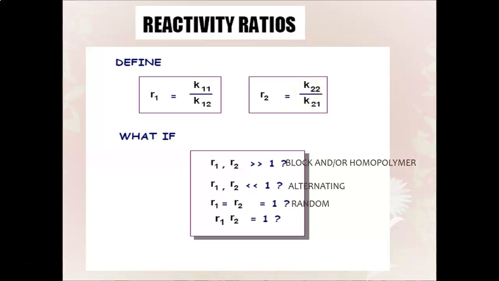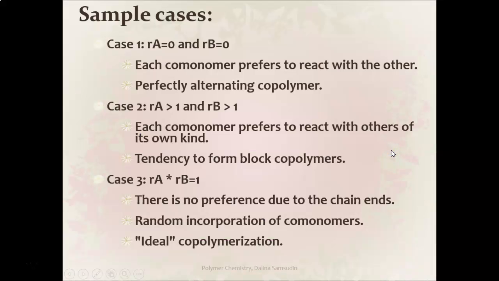And the reactivity ratio can be classified into ideal copolymer, block copolymer, and alternating copolymer. Now we will look at the condition for the ideal copolymer. Okay, for r1, I will explain in the next video.